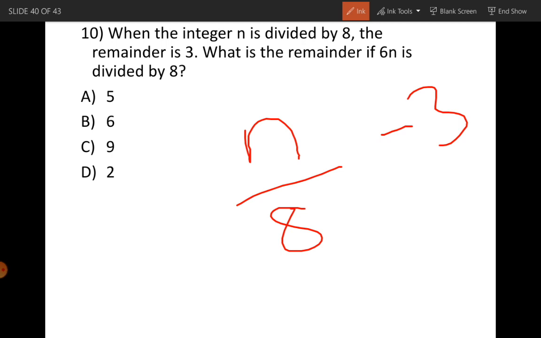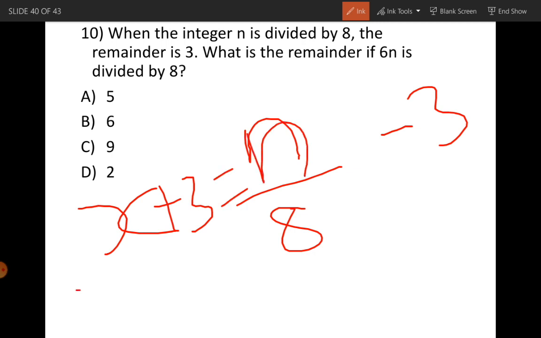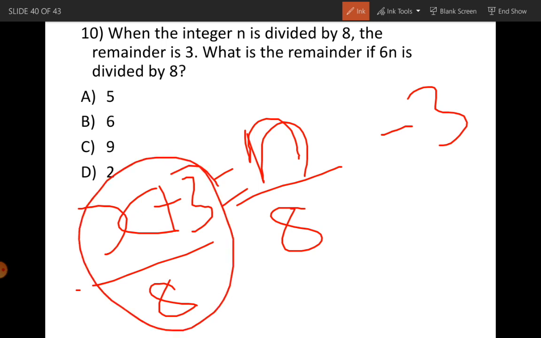Here, we will consider a number which is divisible by 8 as x, and the remainder is 3, which is equal to n. So x plus 3 divided by 8, like this we can form whatever the question is asked.